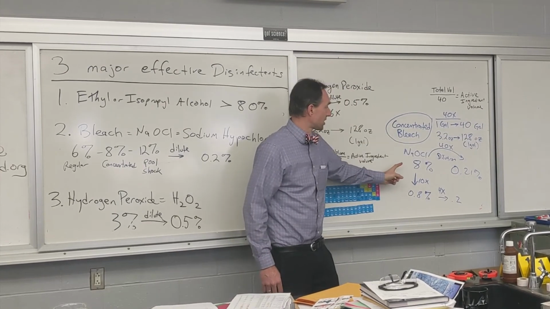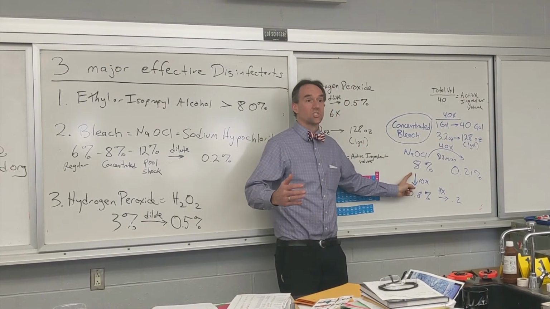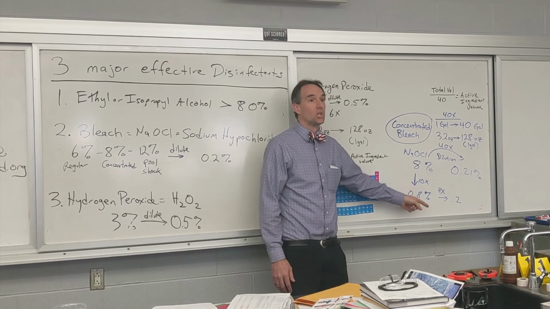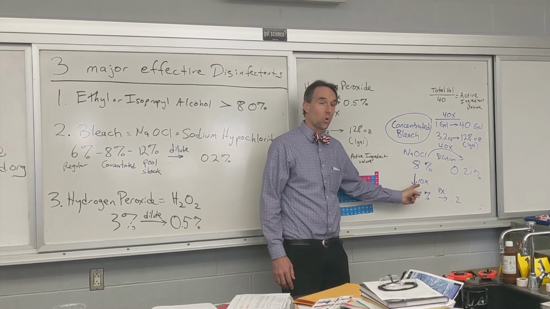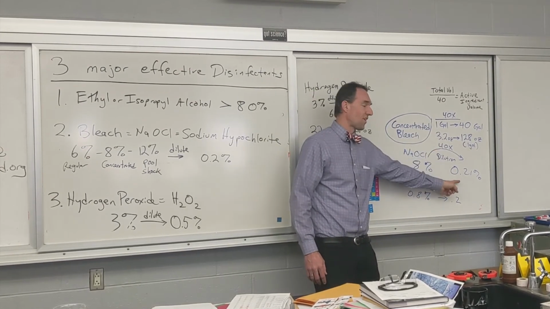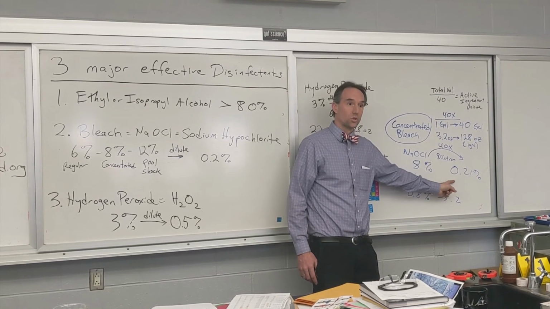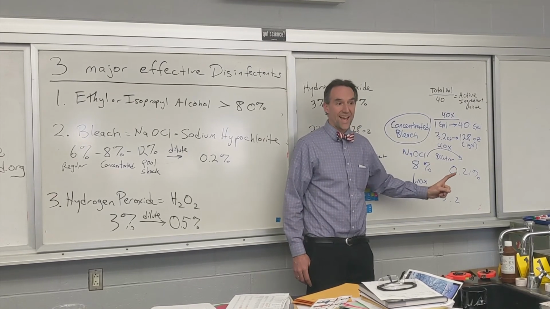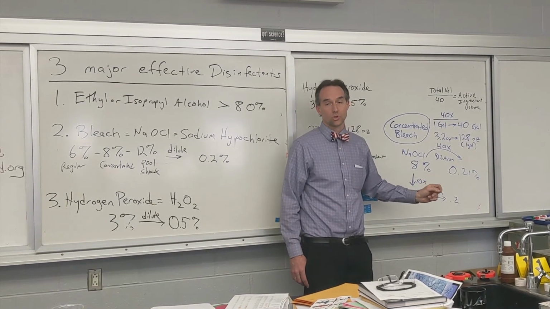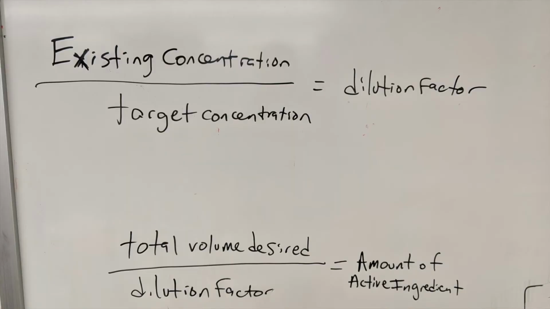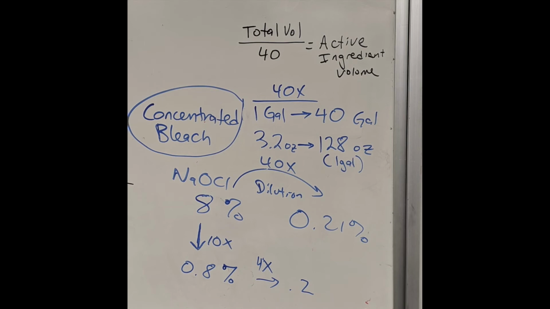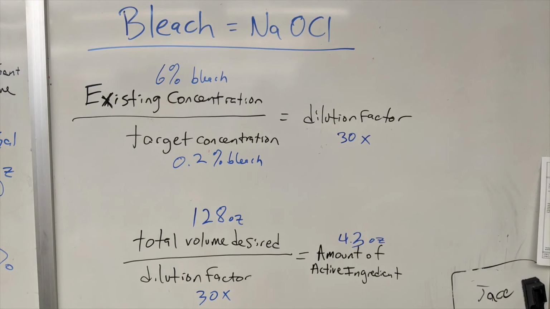If you have bleach that is not 8%, such as 6% or 12%, you need to adjust your math accordingly because your dilution factor will be different to 0.2%. We will now go look at the chemical process of dilution. Here is the math for several different chlorine bleach dilutions, both to gallon and to a 55-gallon drum.